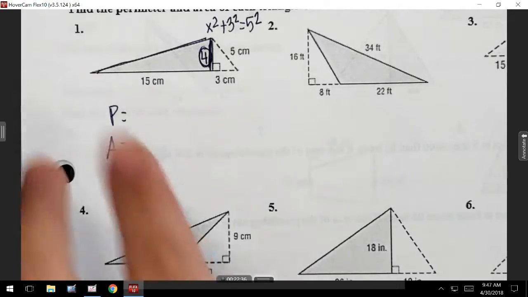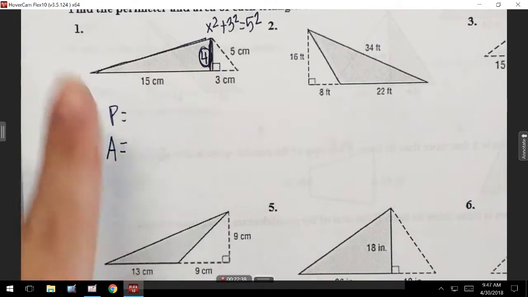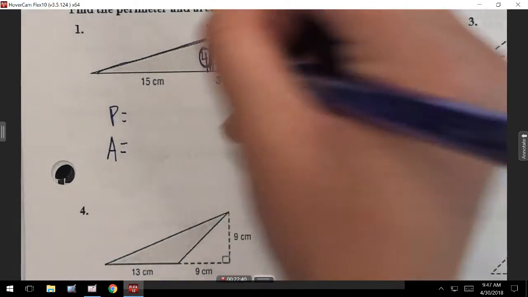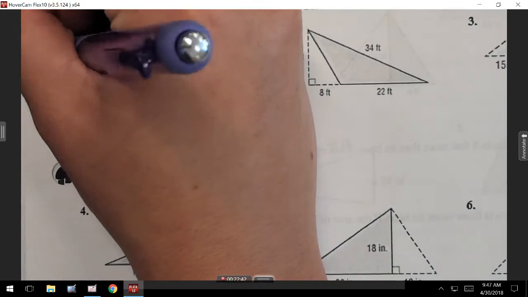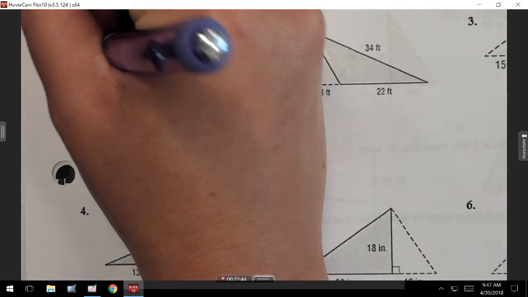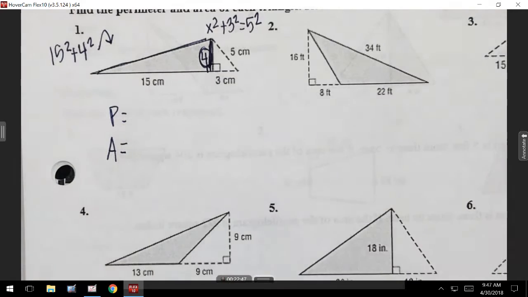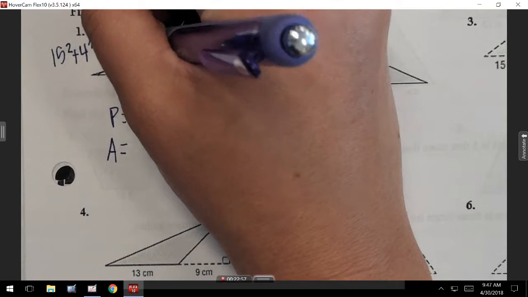So, now to find the hypotenuse of the big triangle, this is a 90-degree angle, so you would do 15 squared plus 4 squared, and that's going to give you this leg. Take the square root. So I found that this is 15.5.